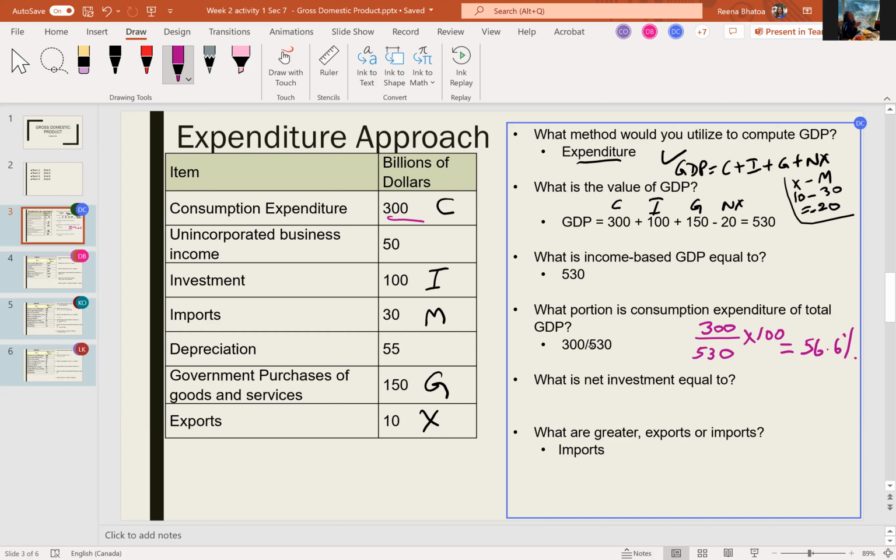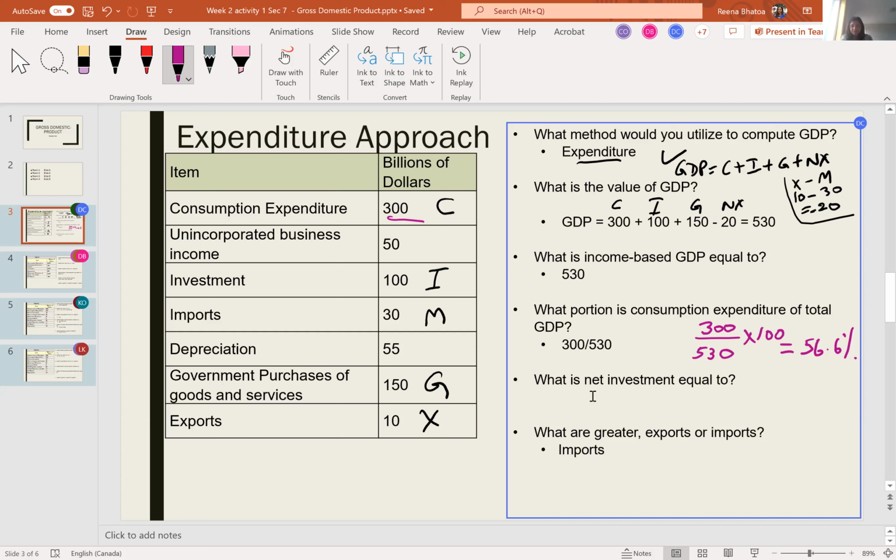What portion is consumption expenditure of total GDP? So we did consumption expenditure, which is 300, divided by total GDP that we calculated, 530, times 100. I'm sharing the screen, are you looking at that? Yeah, I got it.